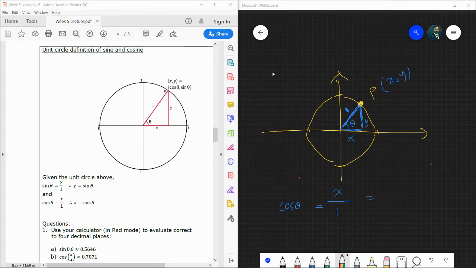Similarly, if we write sin theta, what should I get? Y, opposite over hypotenuse, which is sin theta. So in other words, you can see this P at any point is really cos theta and sin theta. All right, so that's the definition of the unit circle.